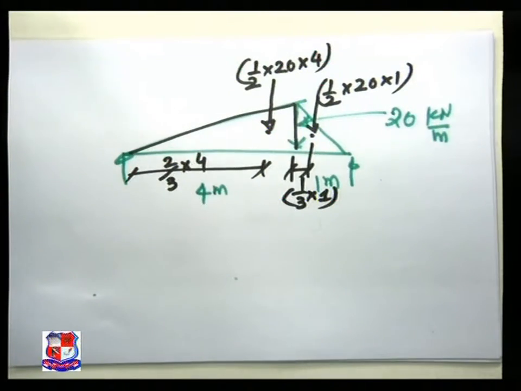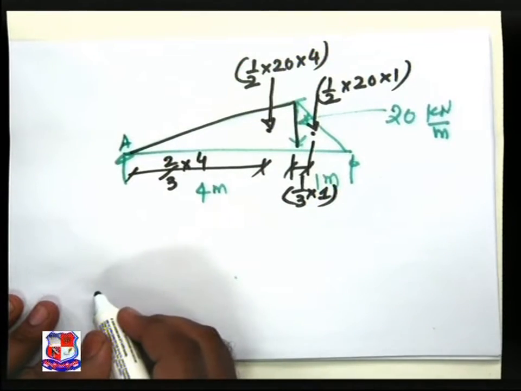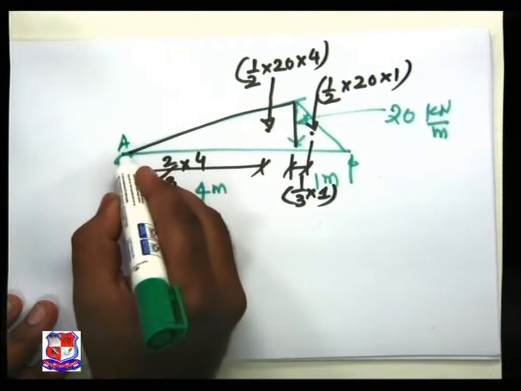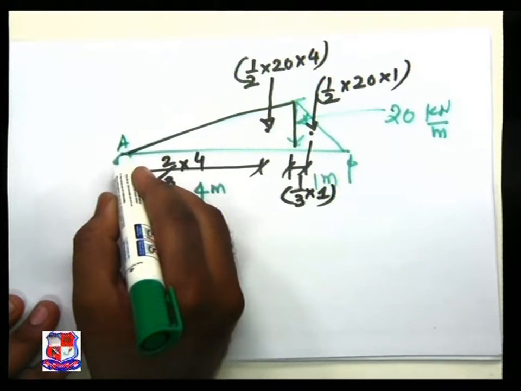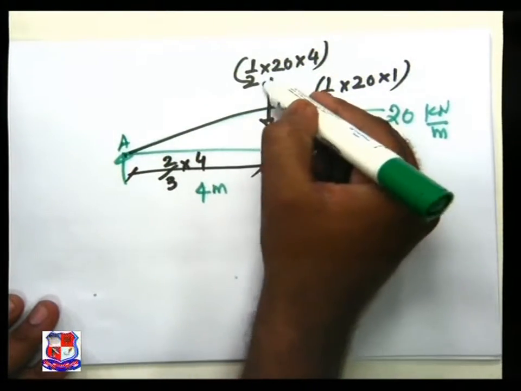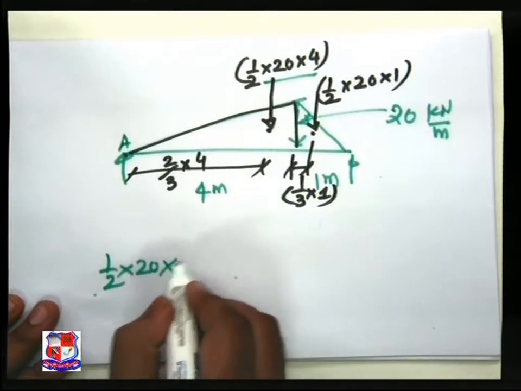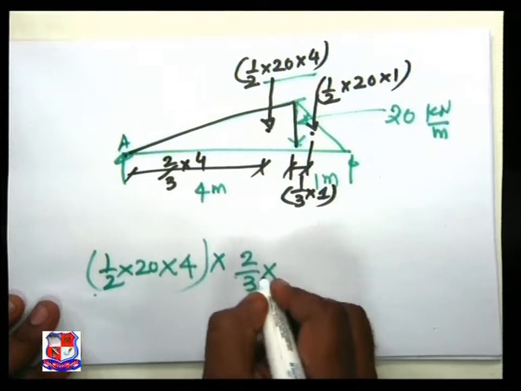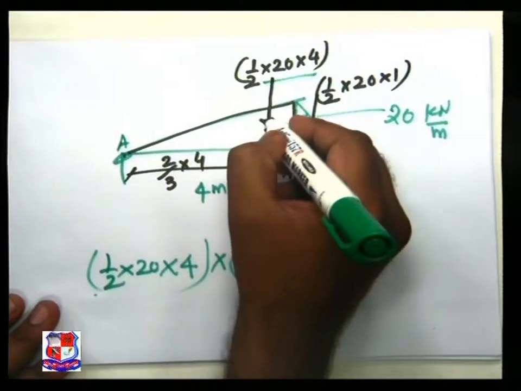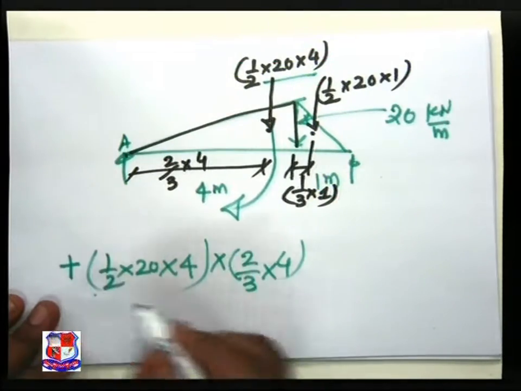Now let us take moments from A. So the effect of RAV is nullified because we are taking moment over here, the perpendicular distance is 0. Another force is this one, half into 20 into 4, multiplied by the perpendicular distance 2/3 into 4, creates a clockwise moment, plus sign.